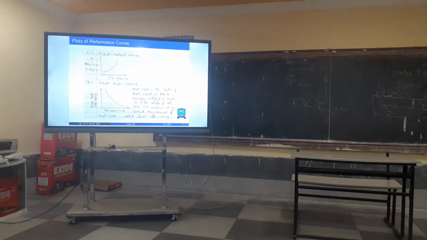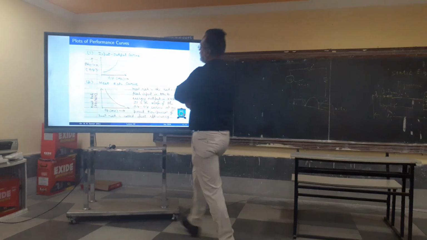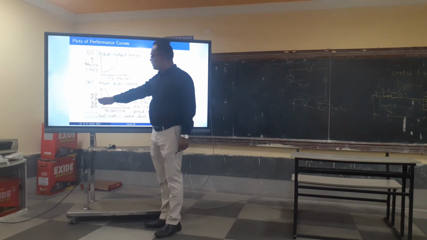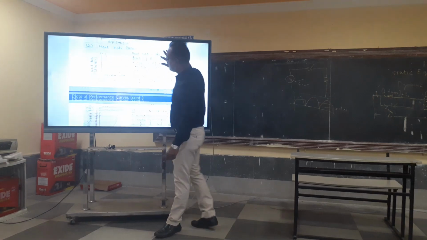Heat rate in BTU per megawatt hour, okay, or kilowatt hour. Heat rate in BTU per kilowatt. BTU is the old unit of thermal energy. Okay. So this is BTU thermal unit per hour versus output. Heat rate BTU per kilowatt hour versus output. Okay.